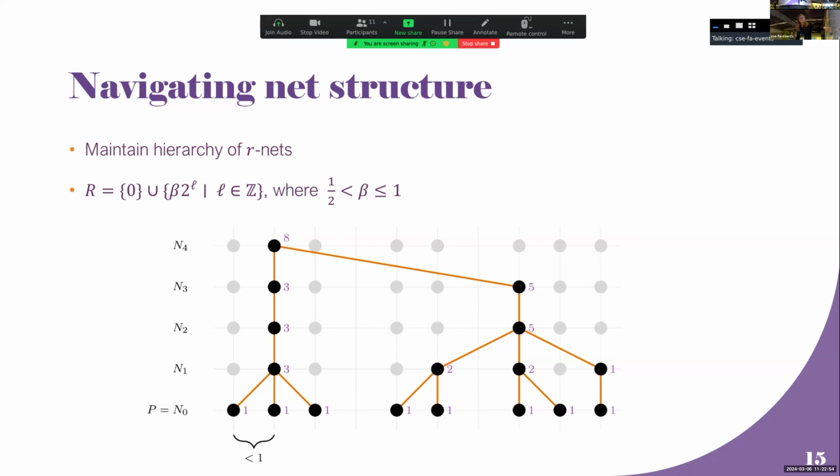So for example, I could just choose this point to represent these 3 points, these 2 points, and so on. So I get a coarser and coarser representation. This will be done recursively. So in the next level, I will just compute an R-net on this, and so on and so forth.